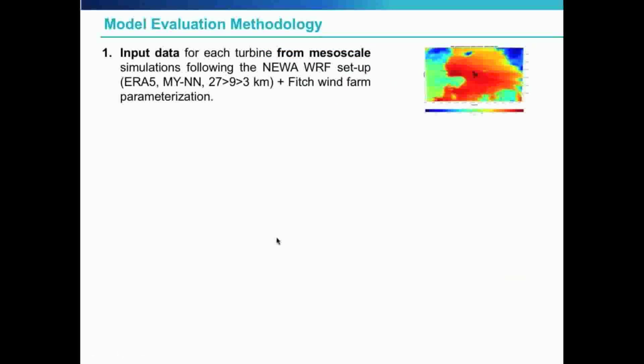So this is the model evaluation methodology in a few steps. We provide mesoscale input data, and for that we use the European Wind Atlas WRF setup, and we add in the Fitch parameterization to include the wake effects from wind farms. The resolution that we end up providing is 3 km.